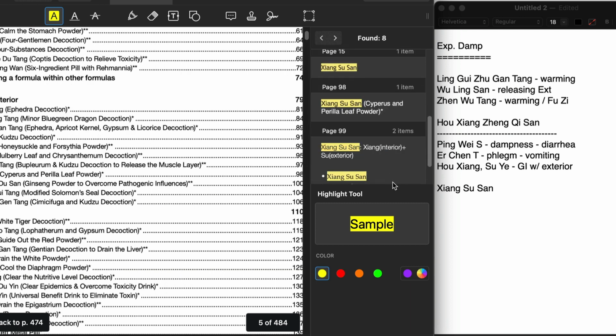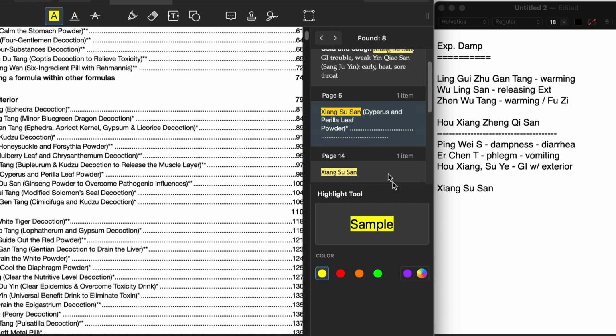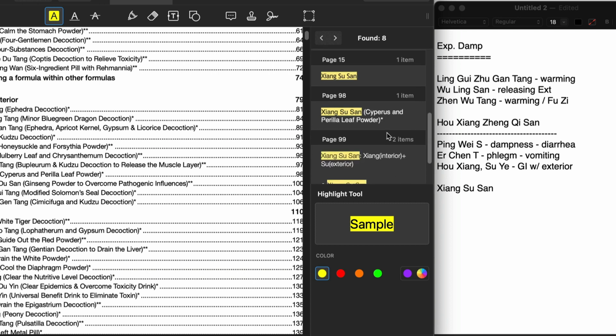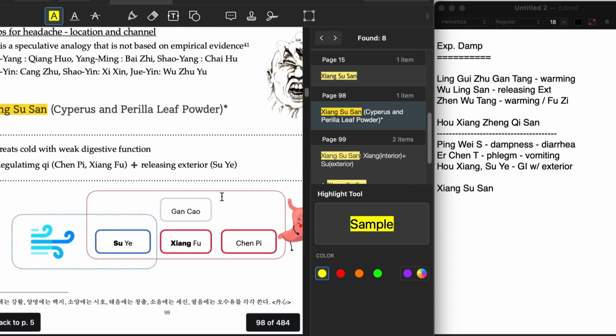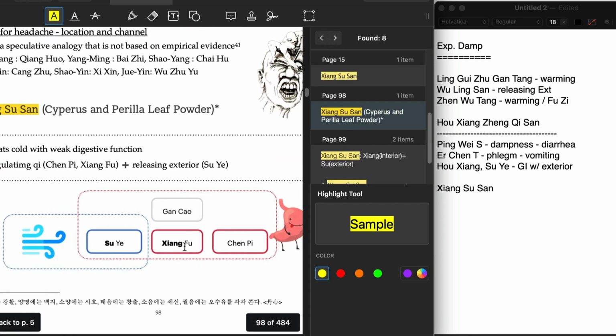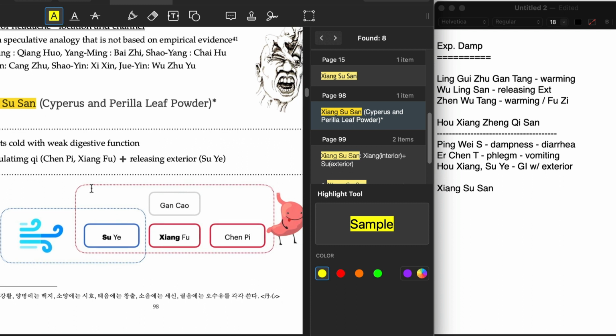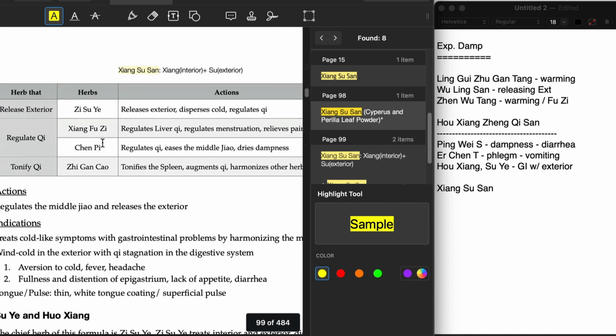Xiang Shusan is composed of Xiangfu and Suye and Chenpi. And this formula treats the common cold. But not just a regular common cold, but with a weak digestive system, like diarrhea and gastrointestinal discomfort, low appetite. So these kinds of symptoms.